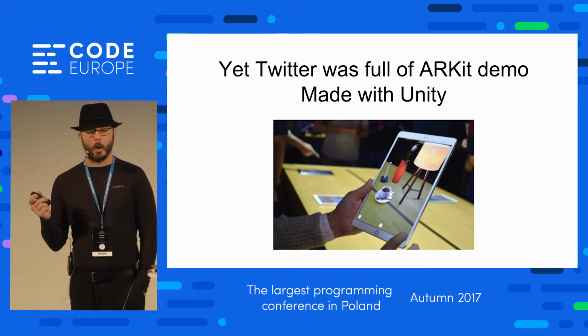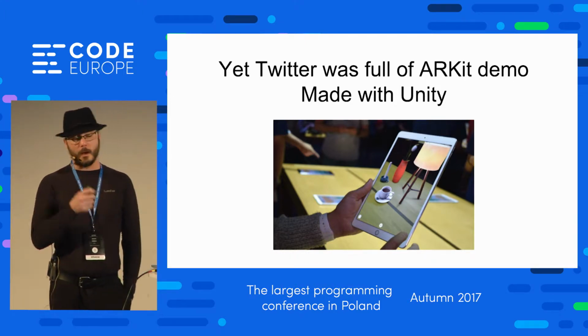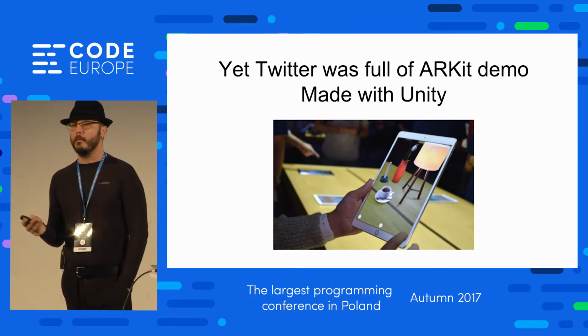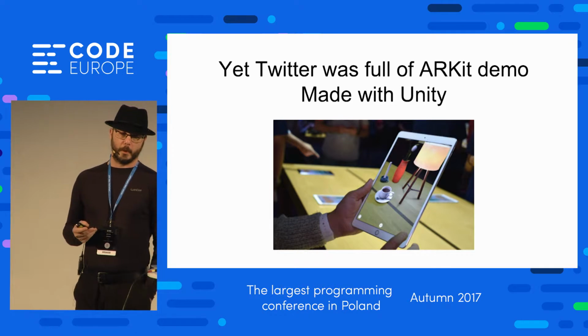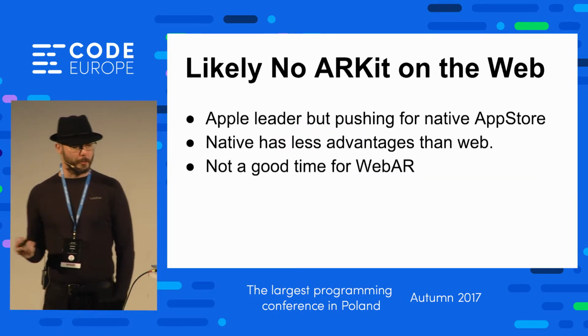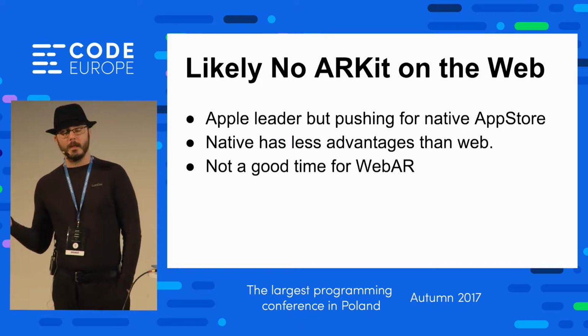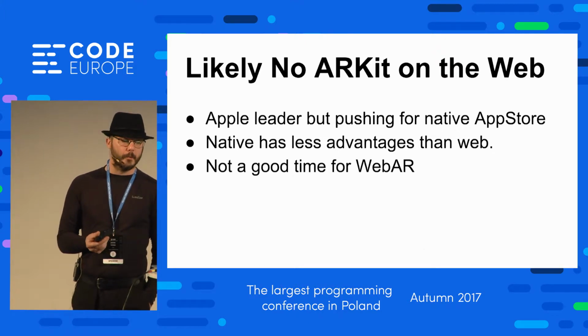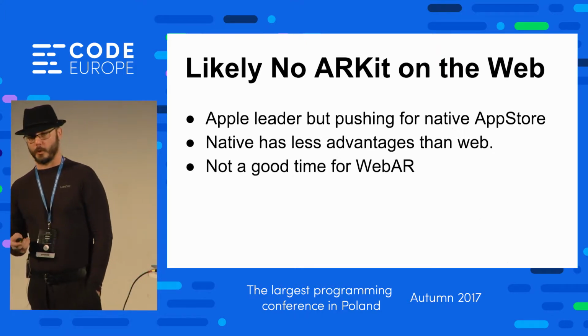So all in all, ARKit has its advantage on this default, and ARKit demos were everywhere on Twitter. It was all made with Unity, so this is an important point. To have Apple as the leader of AR means likely no ARKit on the web.